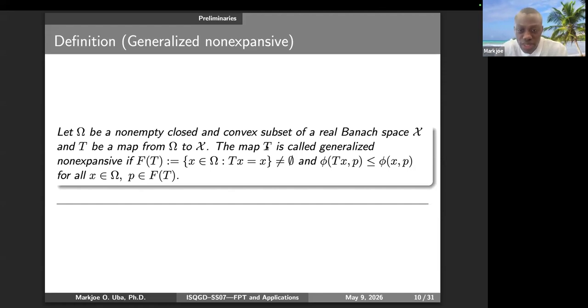This map T will be called generalized non-expansive if, first of all, the fixed point set is non-empty, and then the Lyapunov functional is used instead of the norm.